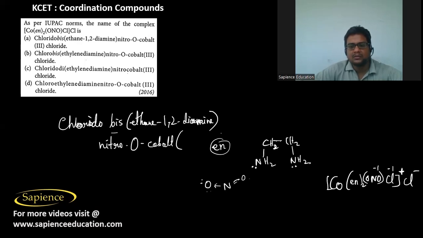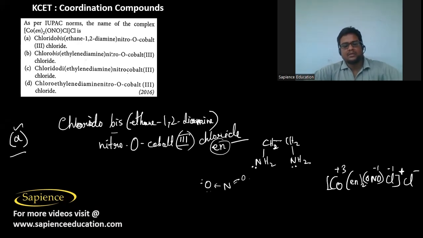So here cobalt is in +3 oxidation state. So the valency of cobalt is 3 here, and then chloride is also attached. So it will be chloride. So it means that option A is the correct IUPAC name of this coordination complex.